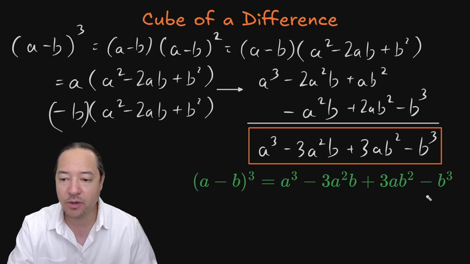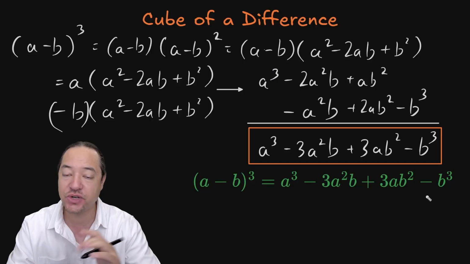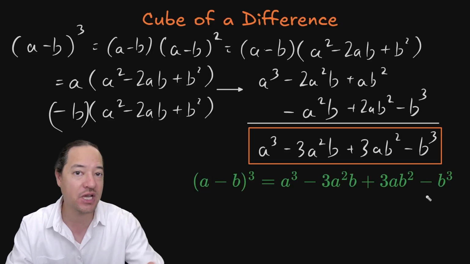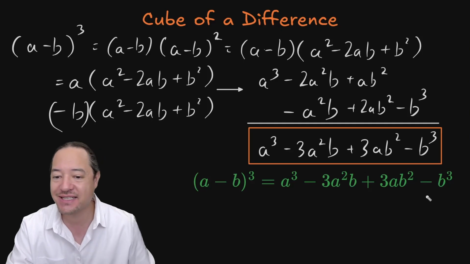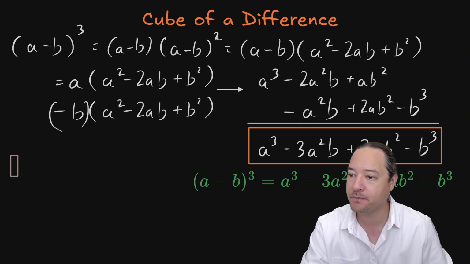How can we remember this another way? Well, another way we can treat this is as the cube of a sum, right? We can use the cube of a sum formula, but just like we did with the square of a difference, we're going to look at this as a plus negative b cubed, okay?